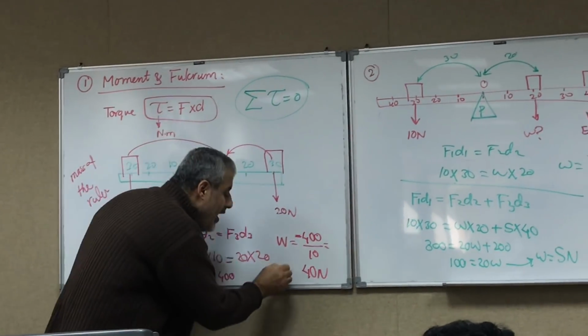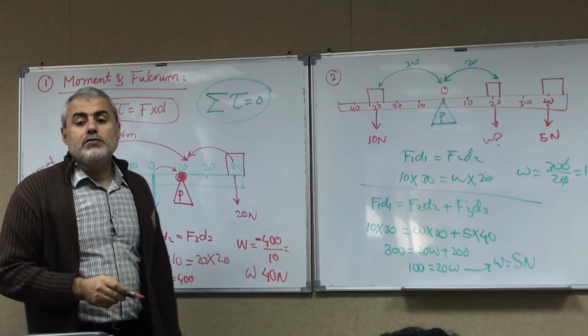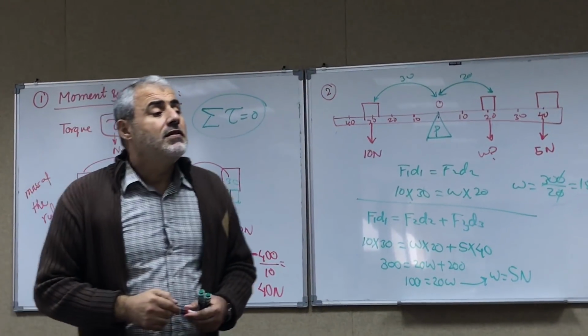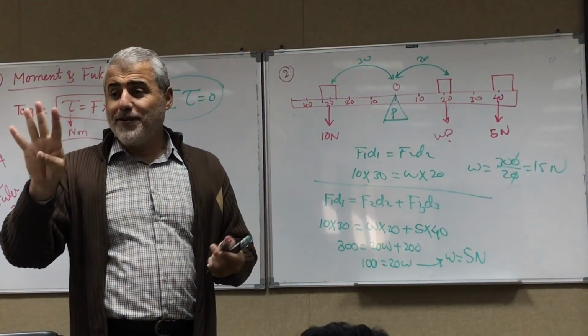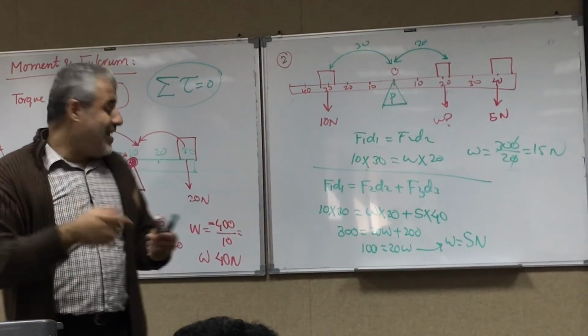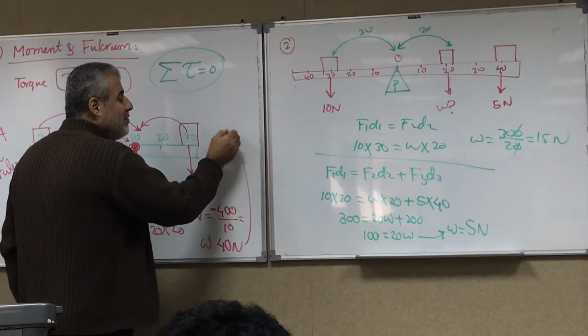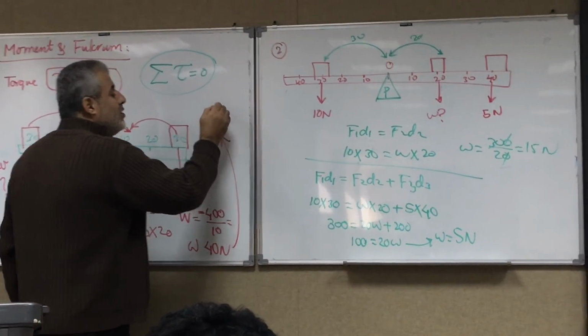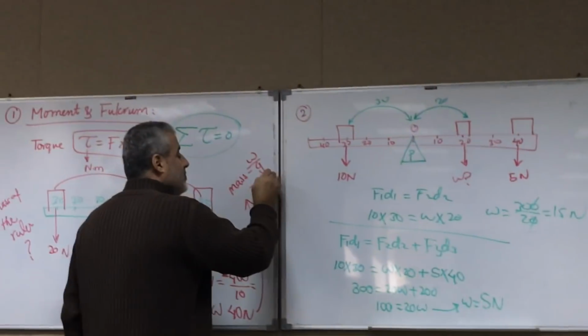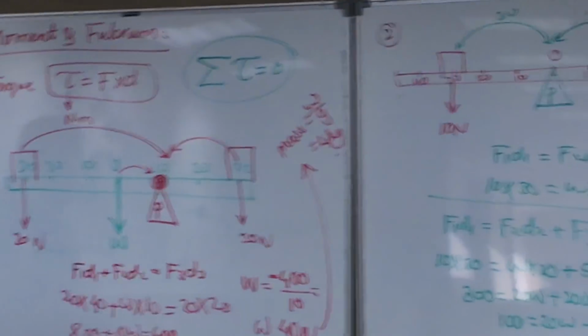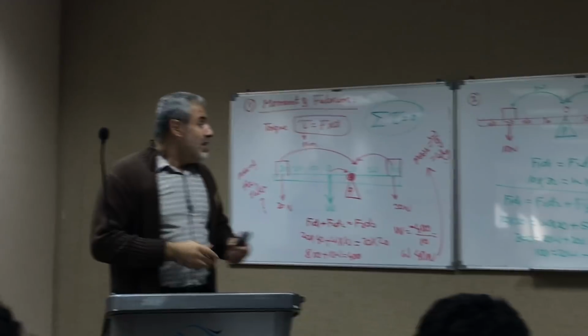Now, if the weight is 40 newton, how much is the mass? It is 4 kilograms. This is simple. So from here you can find the mass. You know that the mass is weight over g. That is 4 kilograms. This is a good question, by the way.